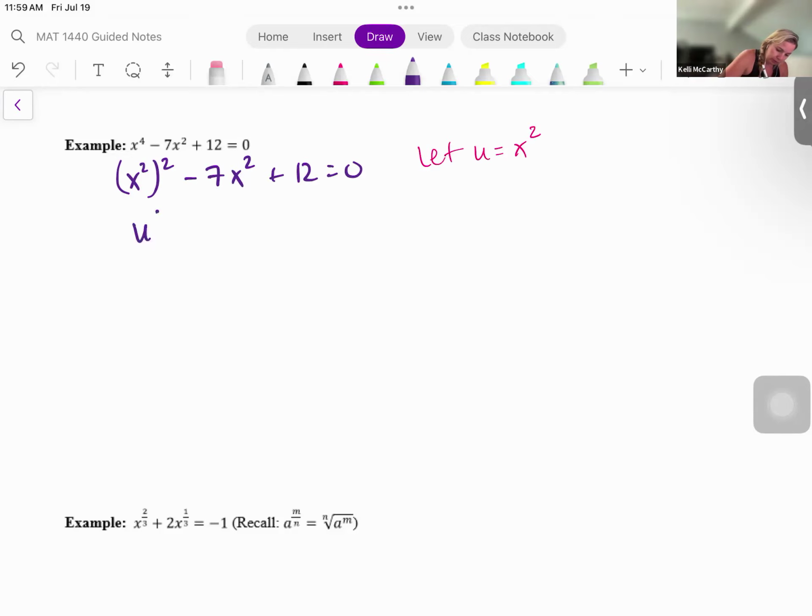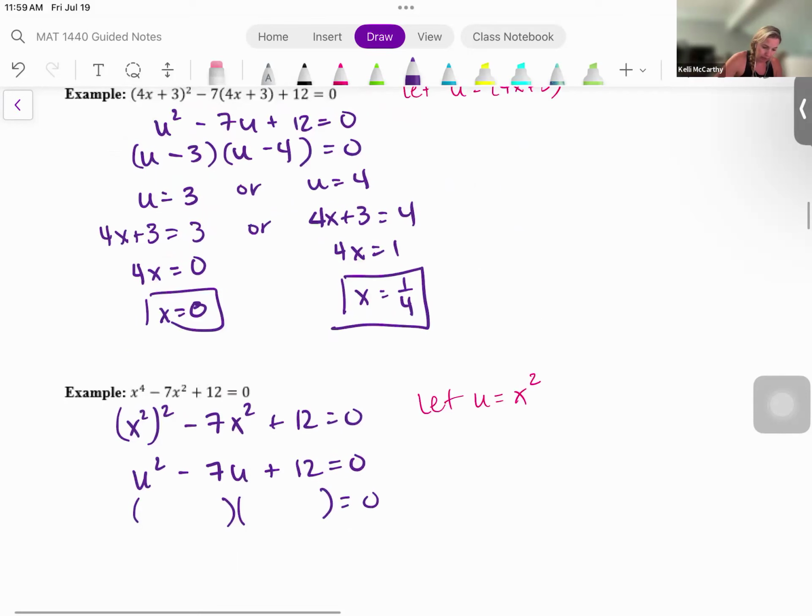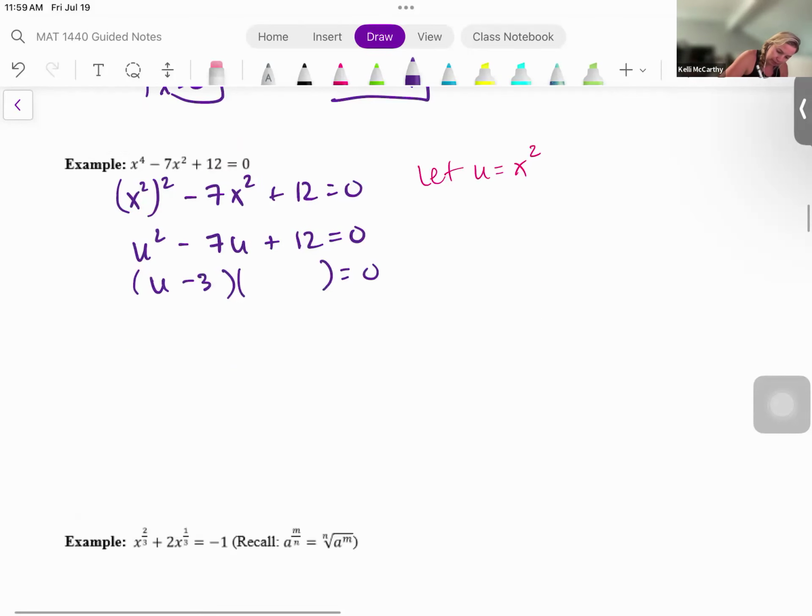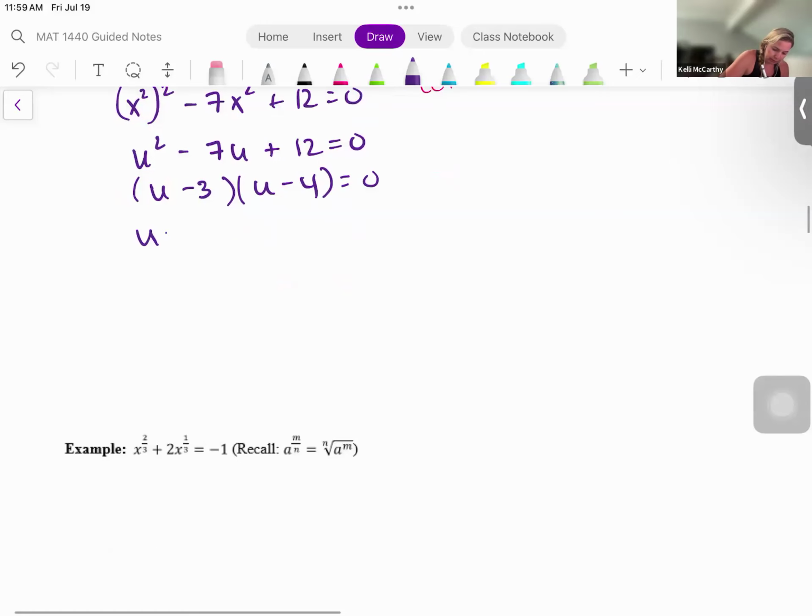Substituting this in, we have U squared minus 7U plus 12 equals 0. And this is going to be the same factors we had above. So this is going to be U minus 3, U minus 4. We can solve that U is equal to 3 or U is equal to 4.